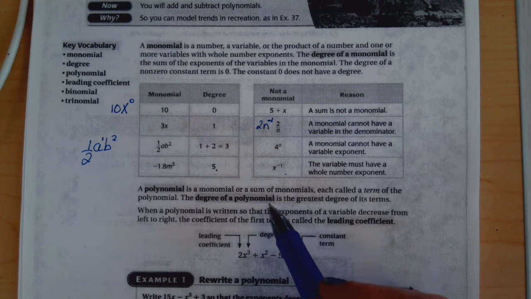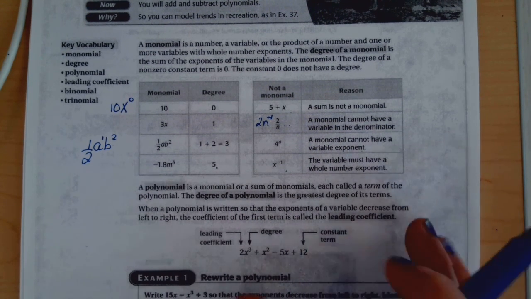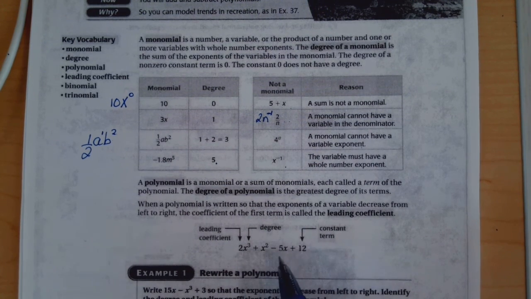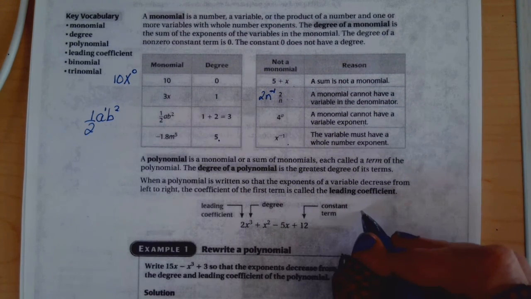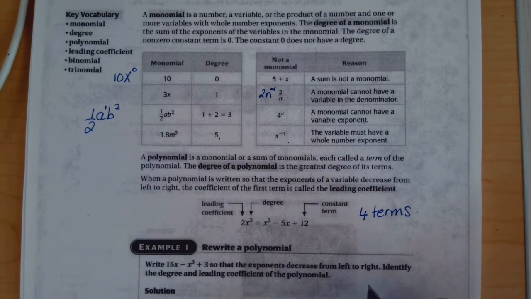The degree of a polynomial is the greatest degree of its terms. So here is a polynomial, and it's made up of 1, 2, 3, 4 terms, okay? So that's how you decide how many terms, and I'm going to write that down here. So it does have 4 terms, all right?